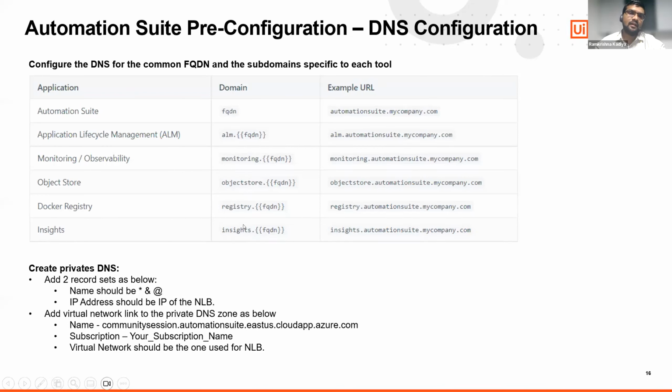To create these, you need to create a DNS with two different records, star and @, and provide the IP address of the NLB.